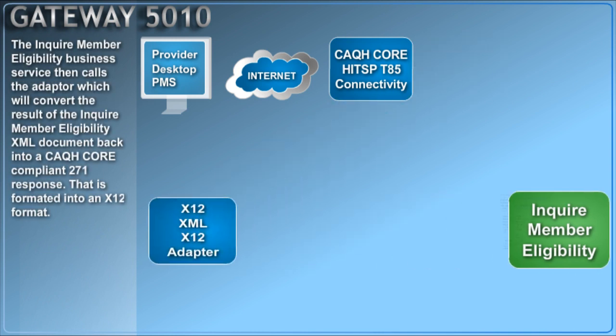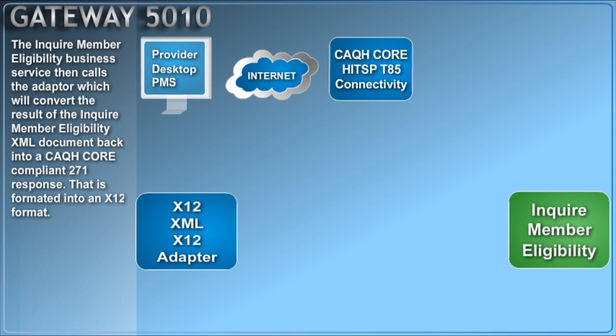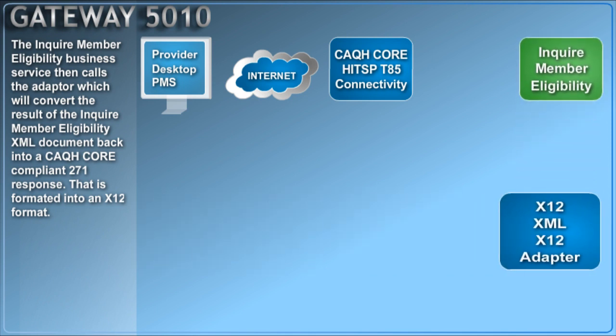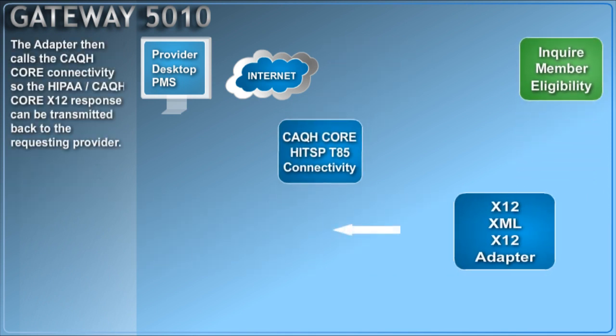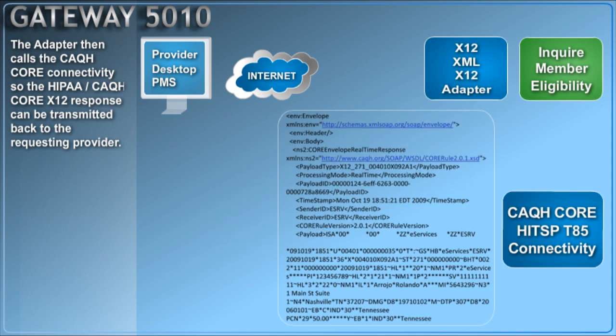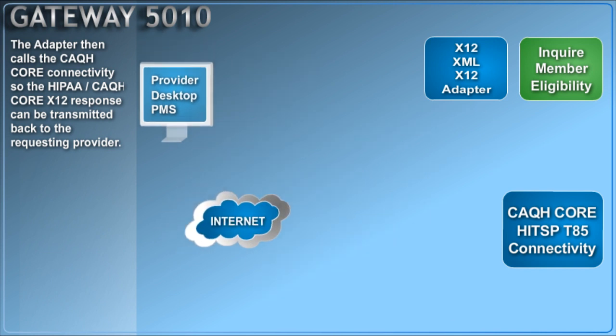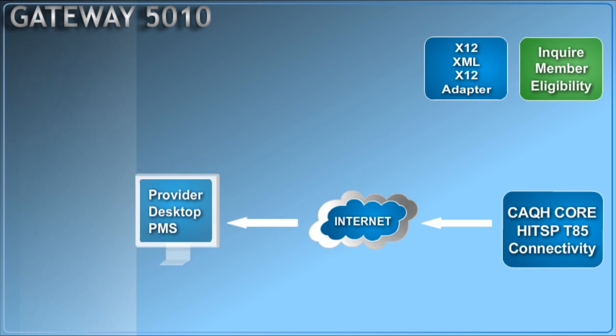The Inquire Member Eligibility service then calls the adapter, which will convert the result of the Inquire Member Eligibility XML document back into a CAQH CORE compliant 271 response that is formatted in an X12 format. And then the adapter will again call the CAQH CORE connectivity service so that the HIPAA CAQH CORE X12 response can be transmitted back to the requesting provider.